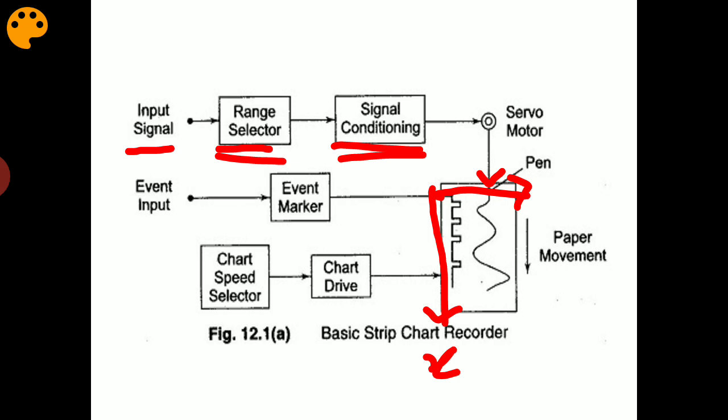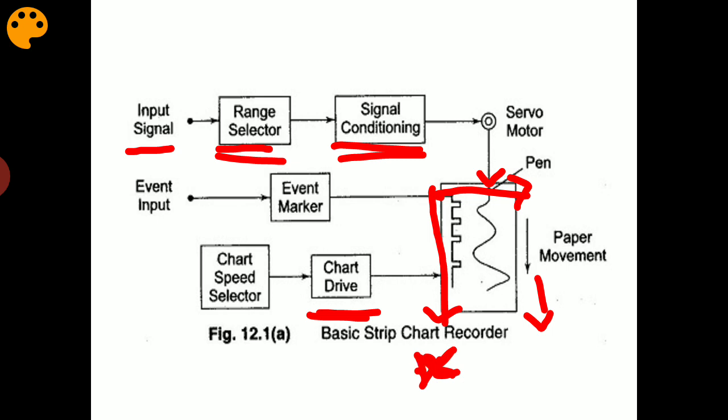The chart is continuously moving along the x direction. This is driven by a chart drive whose speed can be set by us. The chart speed is an important parameter here because the scale of this recorder along the x-axis will be set by the speed of the chart.